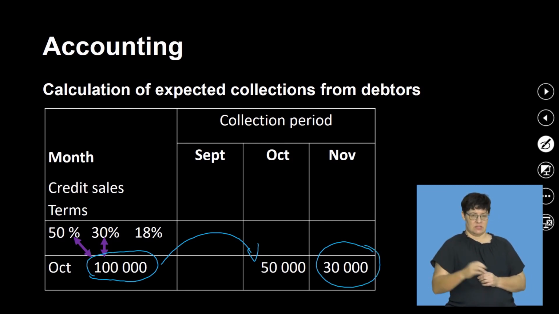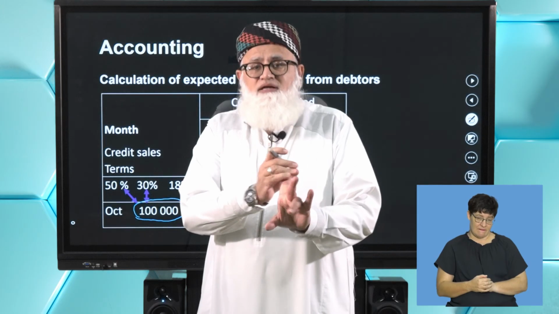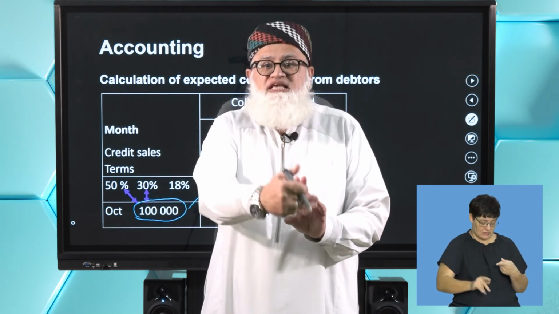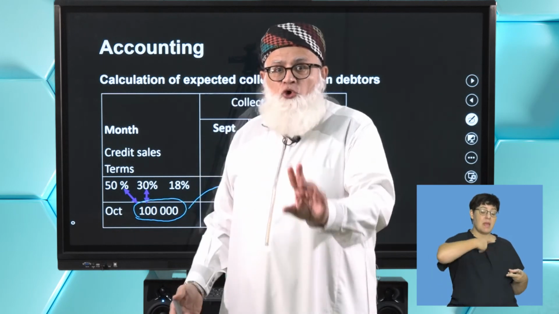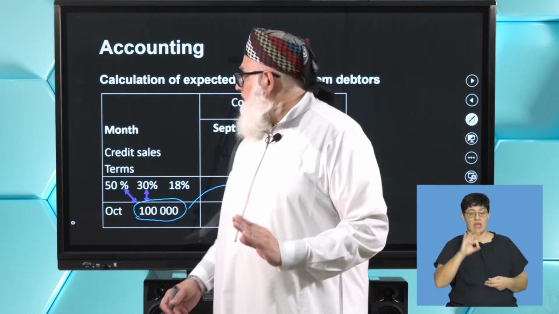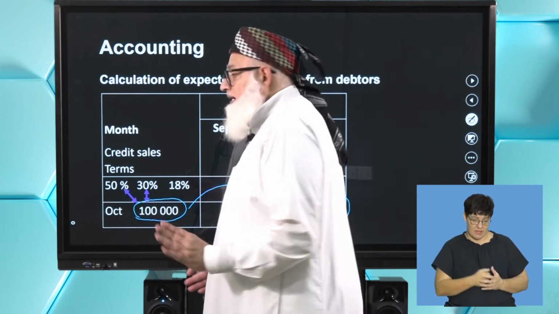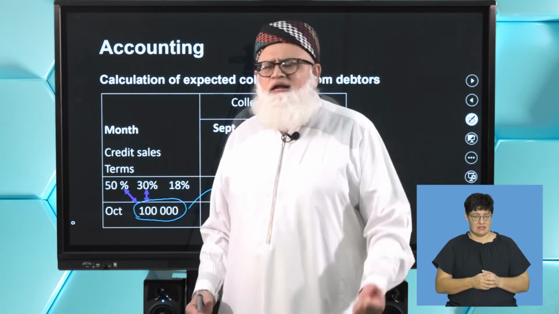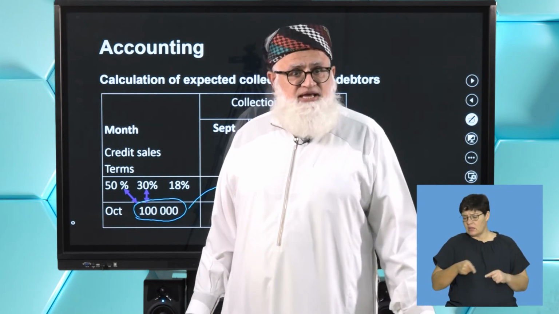Clearly, so once again, a calculator skill. Number one, identify the credit sale. Number two, identify how I will receive my payments. So I know October was 50% in October, 30% in November, and my budget period ends there. The question arises now: do I calculate the 18% for December?